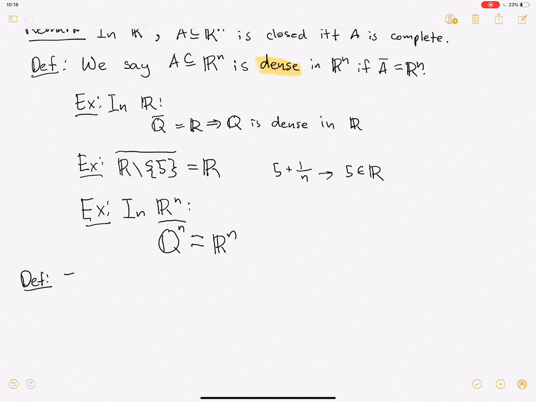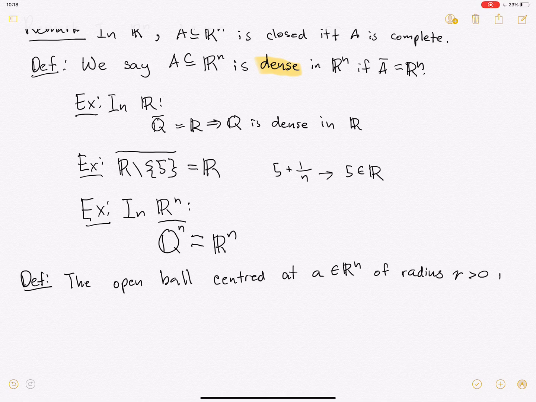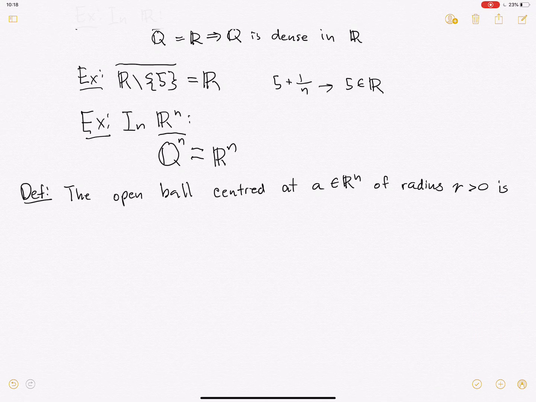Another definition: the open ball centered at a in Rn of radius r greater than 0. We've been using this notation, but here's what it's called. The open ball is everything that is less than r away from a.